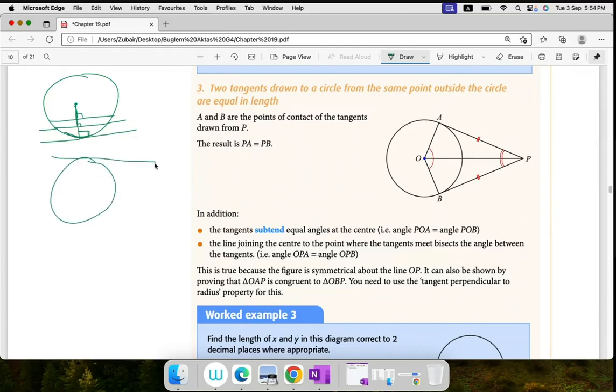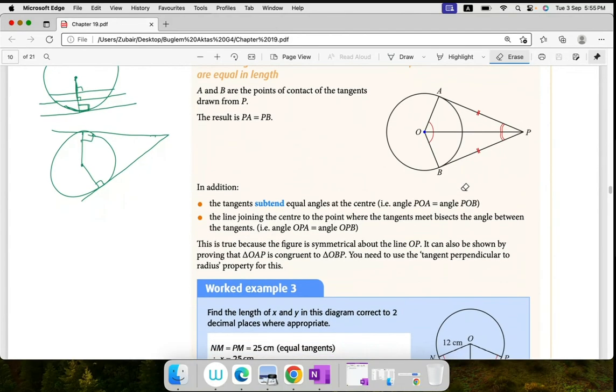So if this is a tangent, this is 90 degrees, and tangent on the other side is again 90 degrees. So I can say this is radius, this is radius. These lengths are equal. Center line is obviously common. So whatever is in this triangle is equal to this triangle. These two are congruent triangles. Property is known as two tangents from one external point.